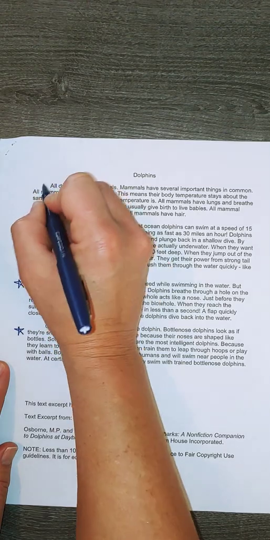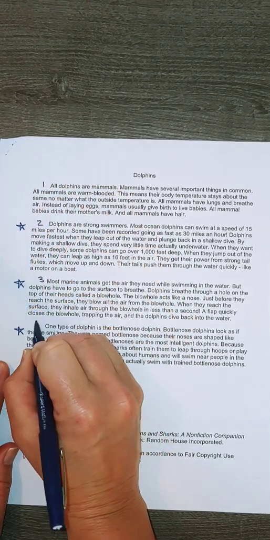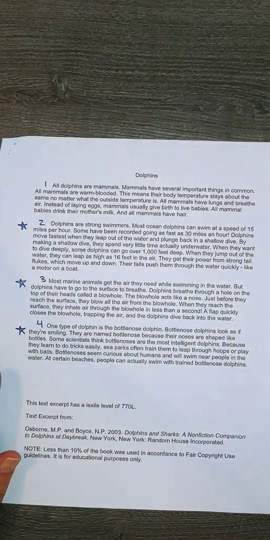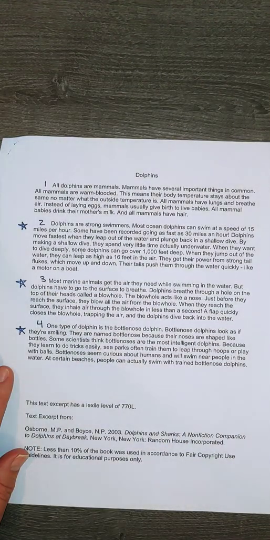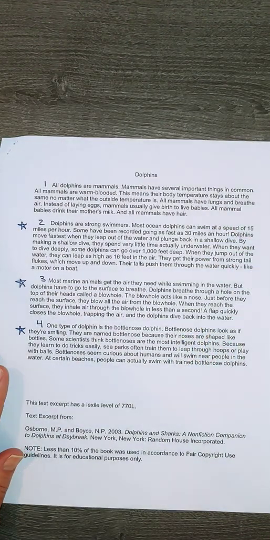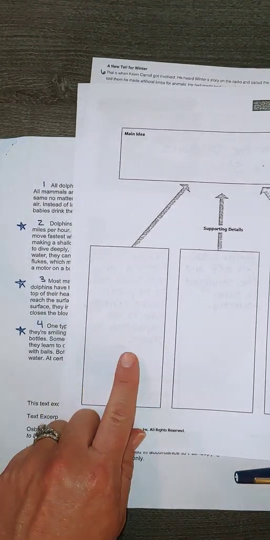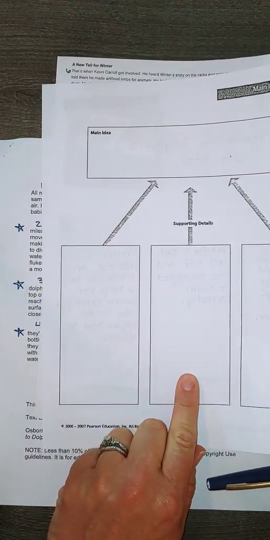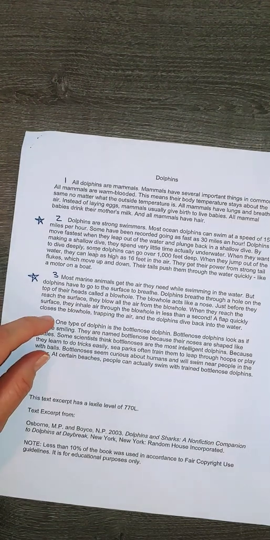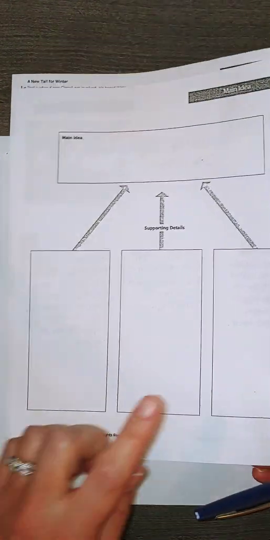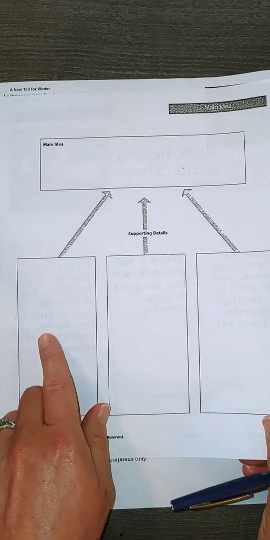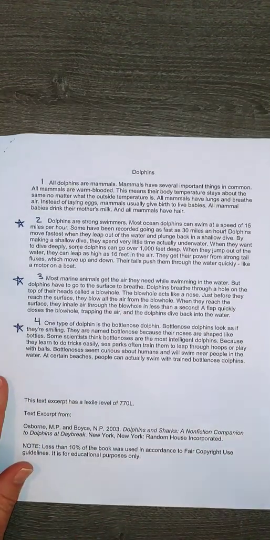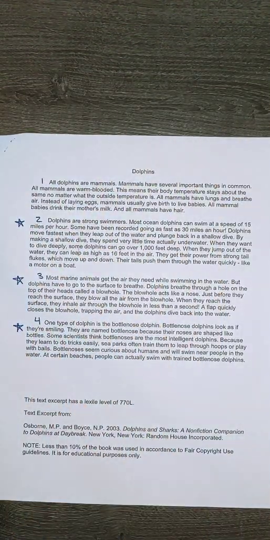So paragraphs 2, 3, and 4 for your details. So you're going to give me a summary of paragraph 2 as your first detail, a summary sentence of paragraph 3 for your second detail, and a summary sentence of paragraph 4 for your third detail. Then put them all together and tell me what was this whole article about.